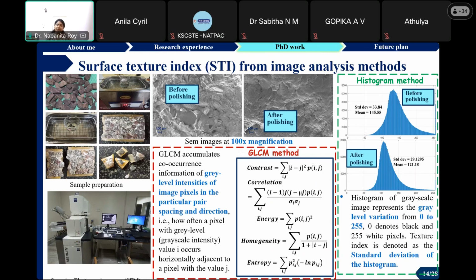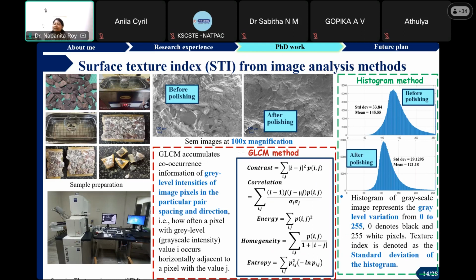And then to quantify the aggregate microtexture, I selected 3 image analysis techniques. Two were statistical techniques, one is GLCM and the other one is histogram. In the histogram, you can see the results for the same sample.